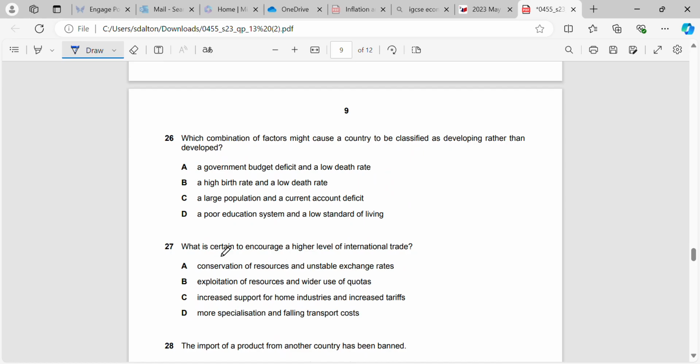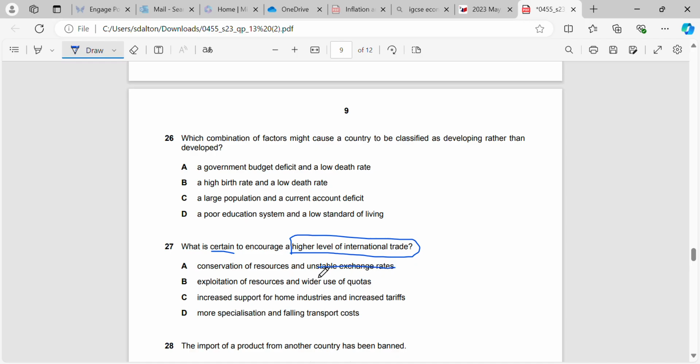Okay, what is certain to encourage a higher level of international trade? So we're looking for something that is definitely going to make trade happen between countries. Okay, conservation of resources and unstable exchange rates, definitely not.